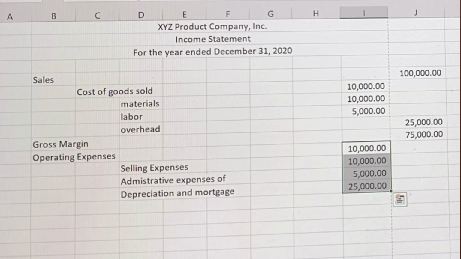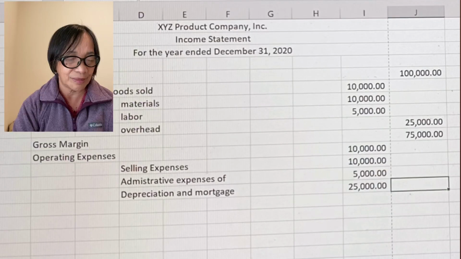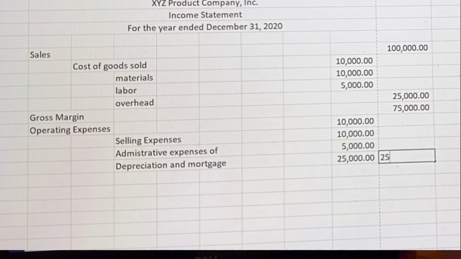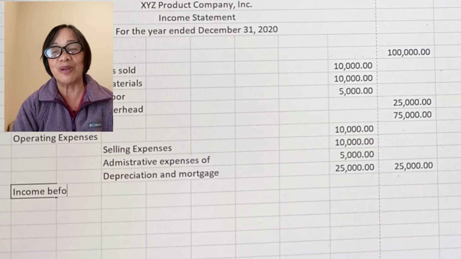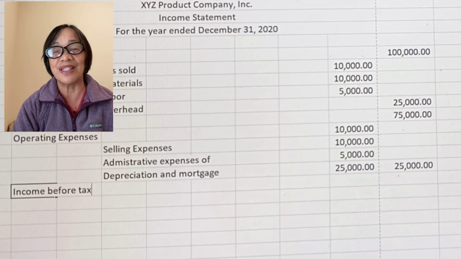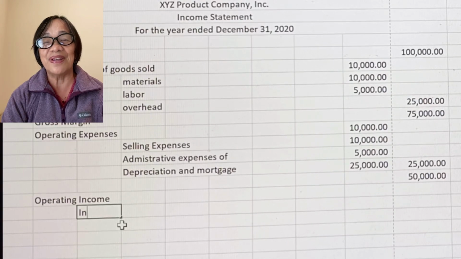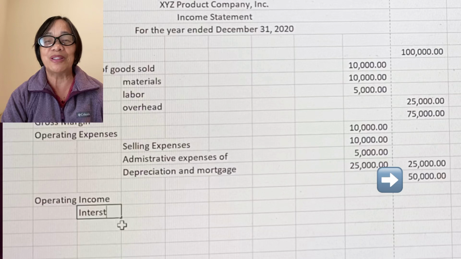So total, 25,000. So let's deduct the 25,000 from the gross margin of 75,000. The result's gonna give us a 50,000 income before tax.